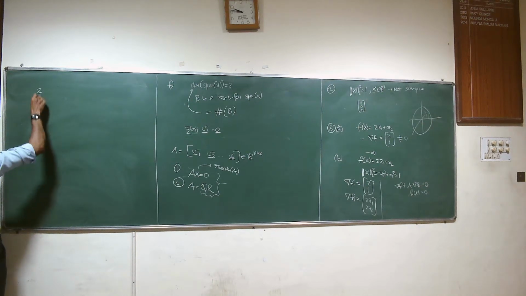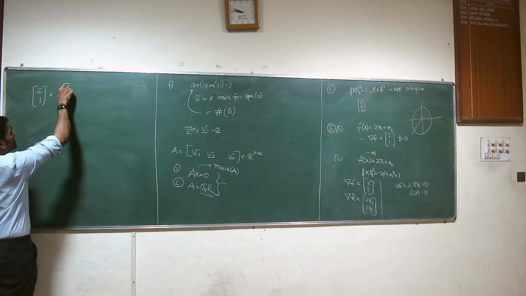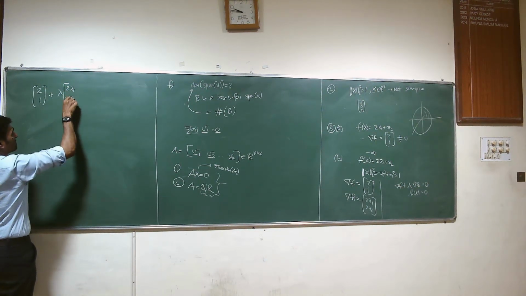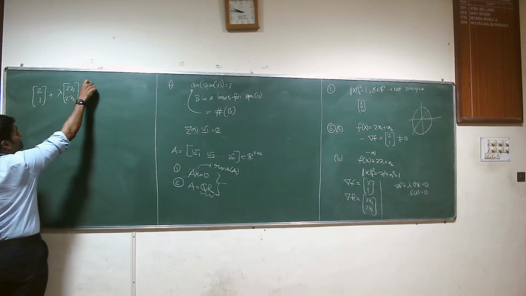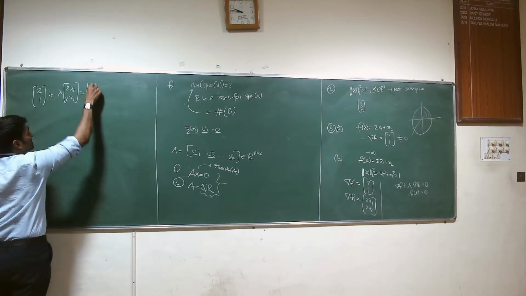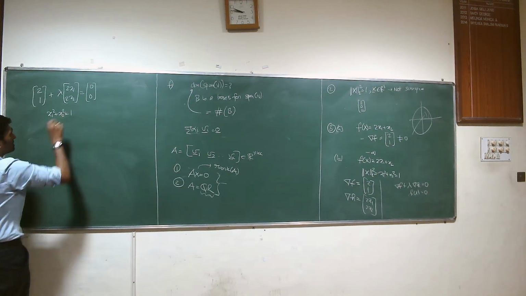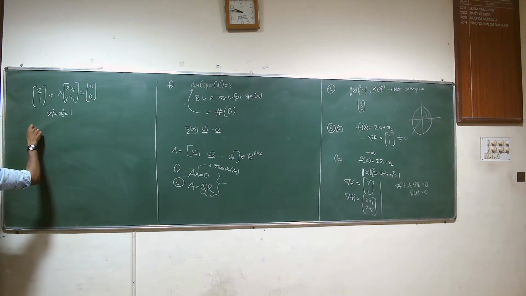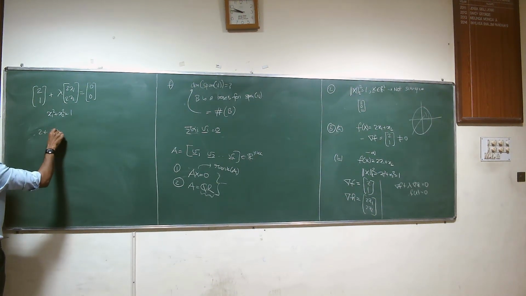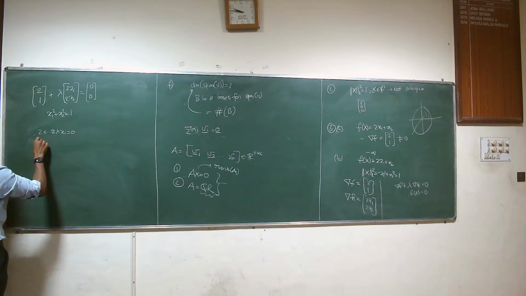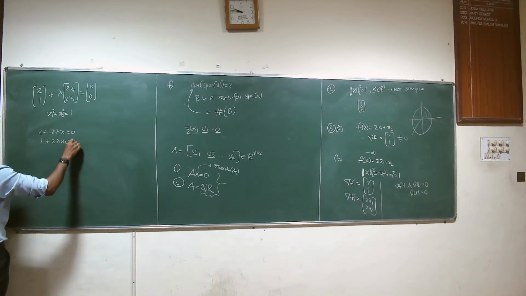So you have 2, 1, means we have 2 plus 2 lambda x1 equals 0, 1 plus 2 lambda x2 equals 0, and you have this.